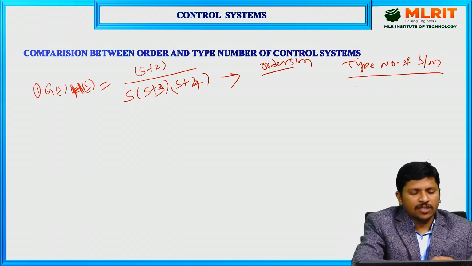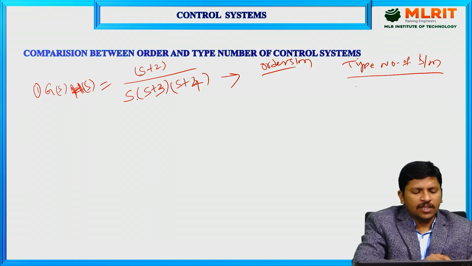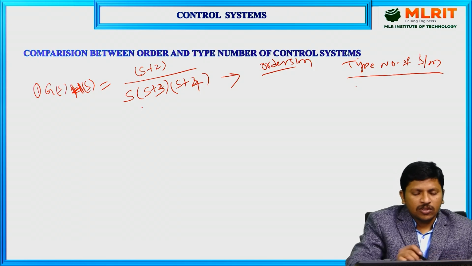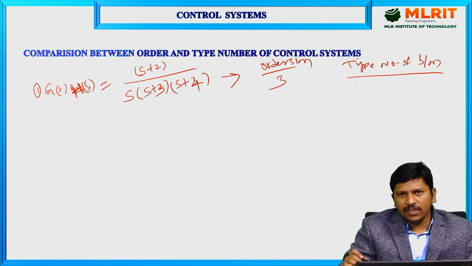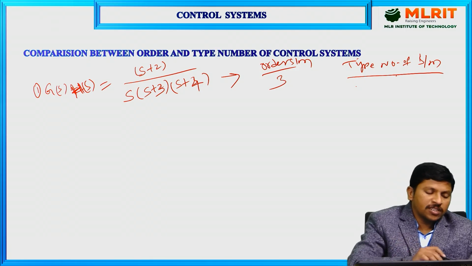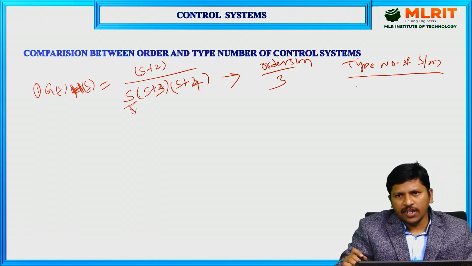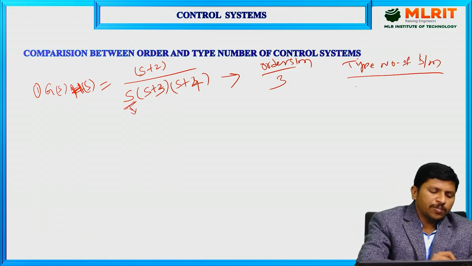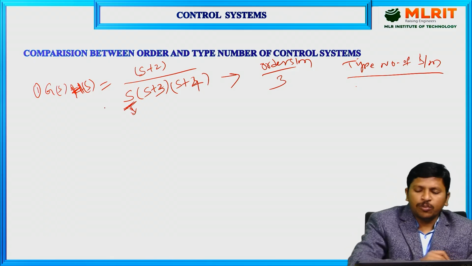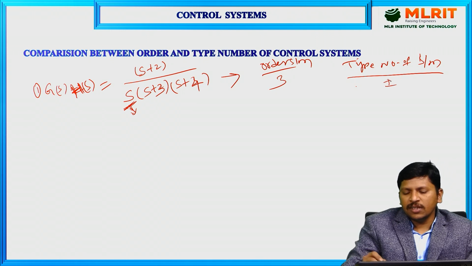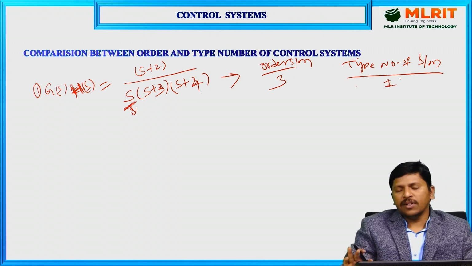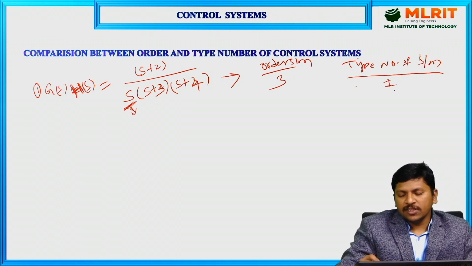How many s terms are there? 1, 2, 3, so s cube, so 3. So order is 3, the maximum power is 3. And type number of any system is determined by the number of poles present at the origin. There is only one pole at the origin, so the type number of the system is 1.